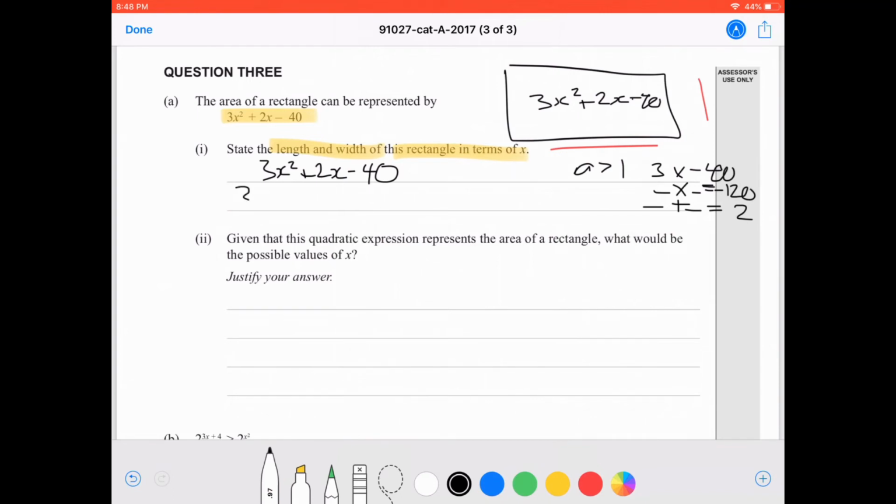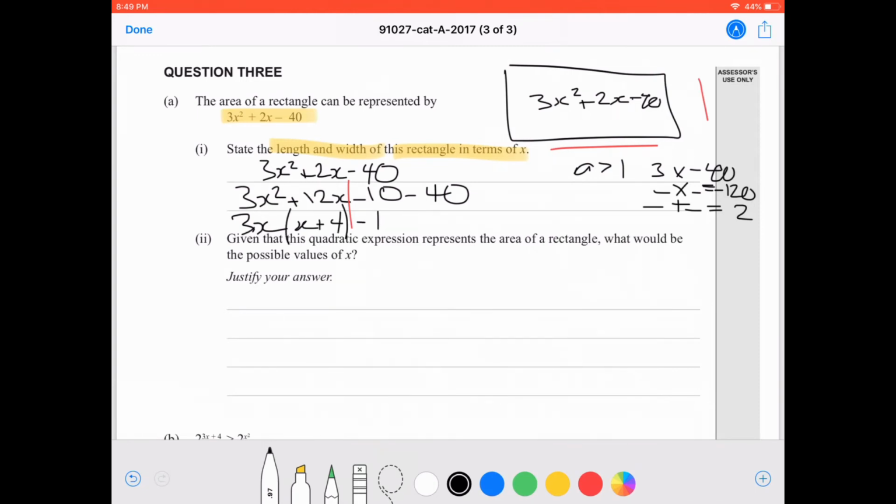So 3x squared plus 12x minus 10x minus 40. This is what we did, I think back in question 1. Putting our line through the middle. Factorising left hand side, we've got 3x and x plus 4.